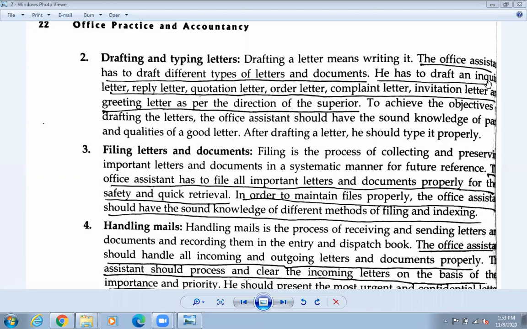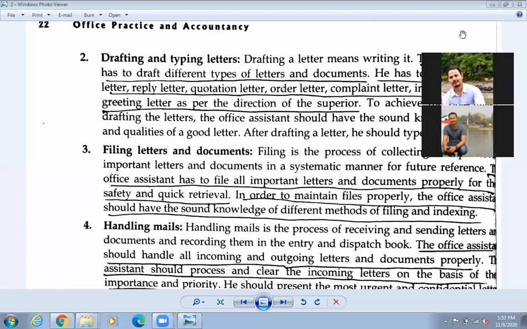If I'm in a big organization, the personal assistant will make an inquiry letter: we have run out, so do you have rice with you or not? They will make an inquiry, and for that they write letters.